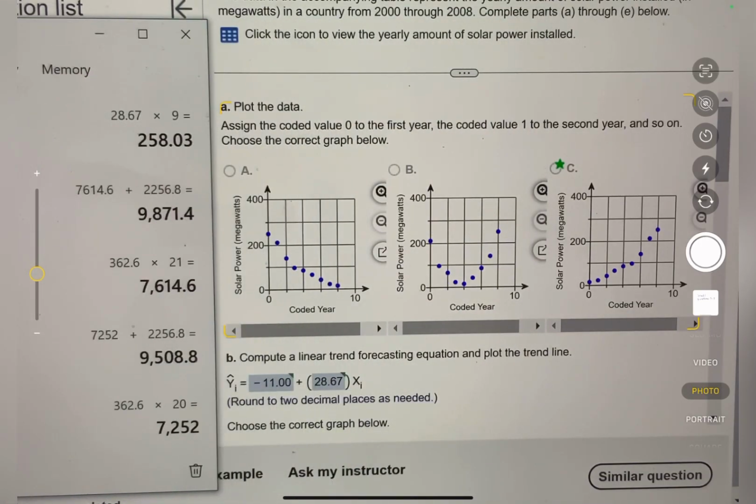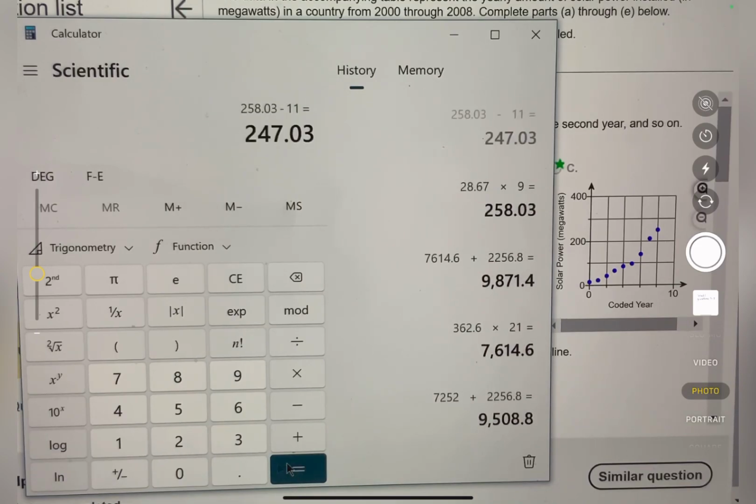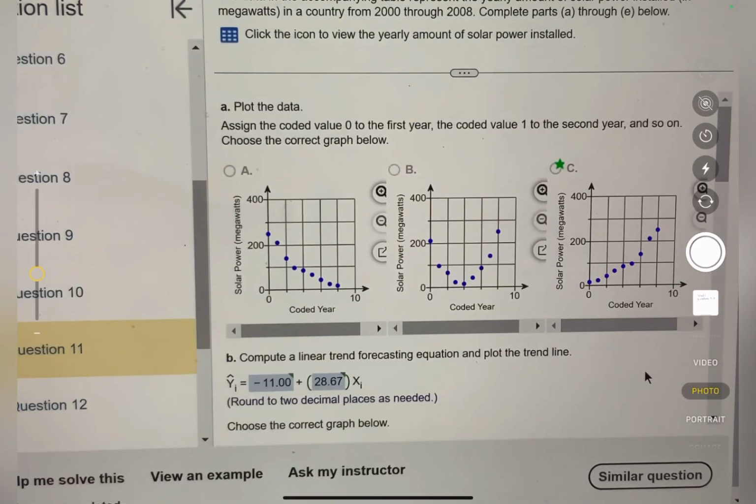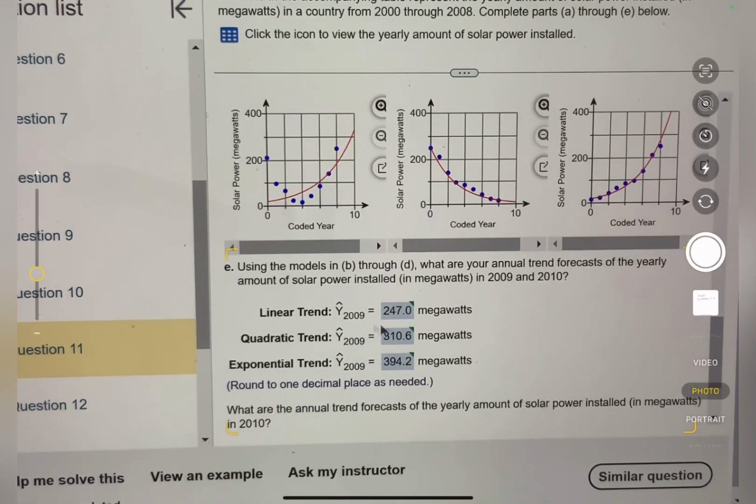Negative 11. Actually, I have to do minus 11. And it's going to be equal 247.03. Let's go back and see here. 247.0.